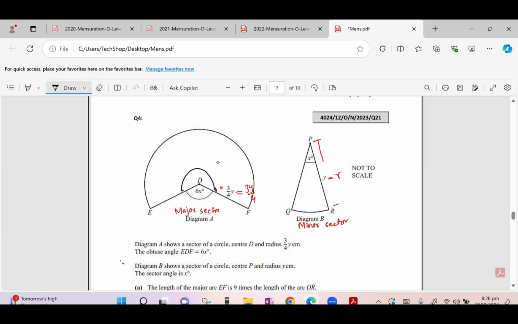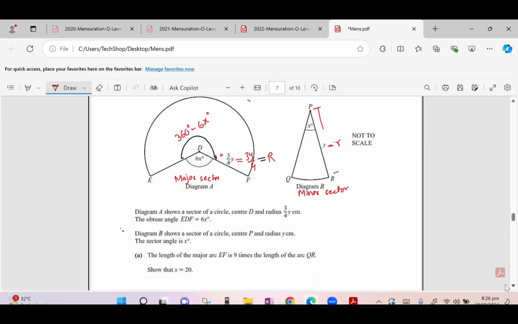Why are you subtracting from 360? Because 360 is the complete round, the complete angle of the circle. Very good.